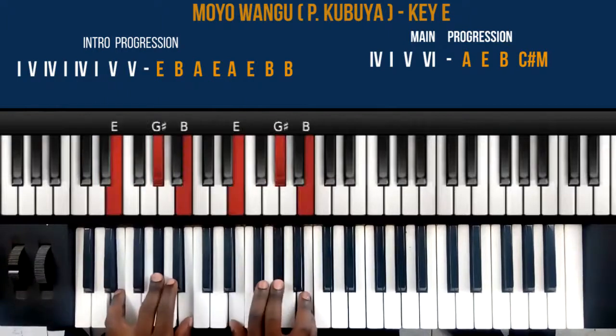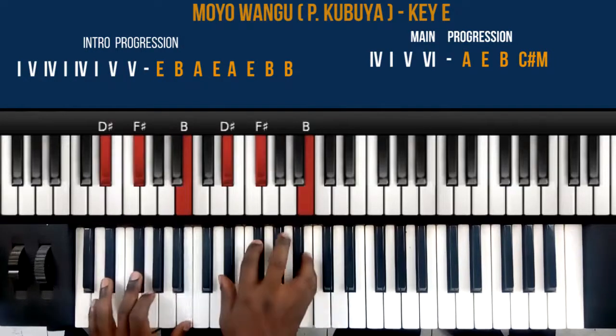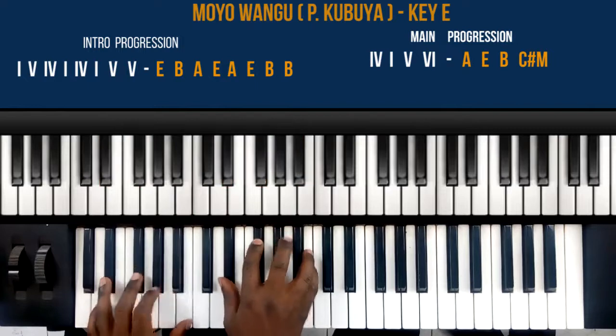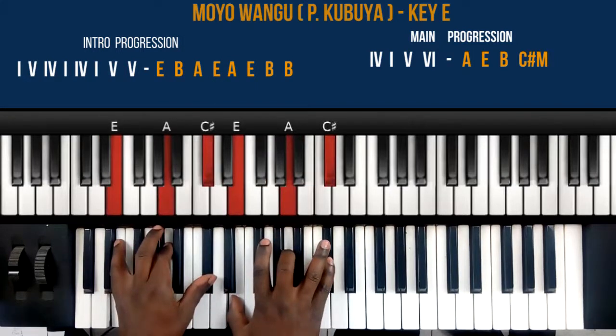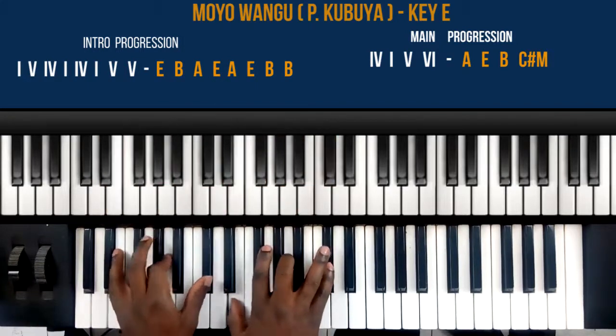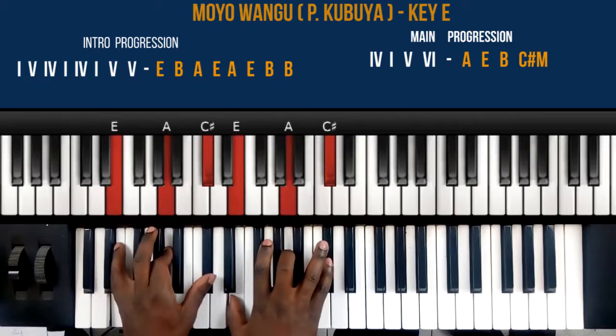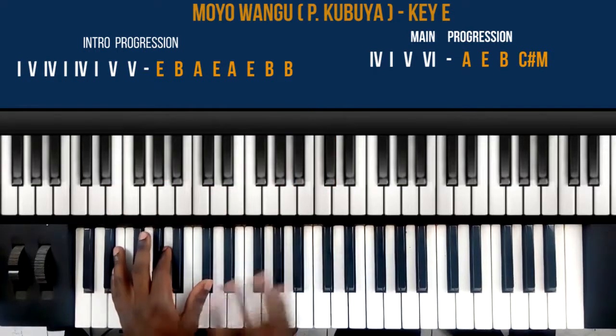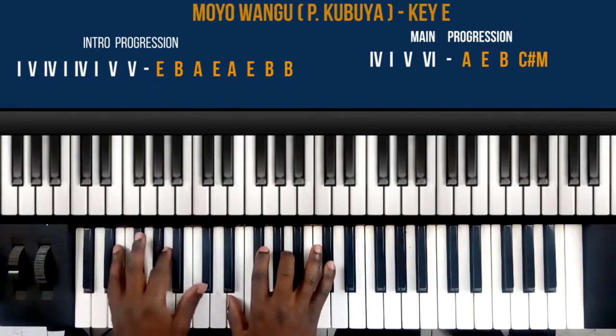The 1 is an E major chord. The 5 is a B major chord. The 4 is an A major chord. So those are the chords in the progression of the intro.